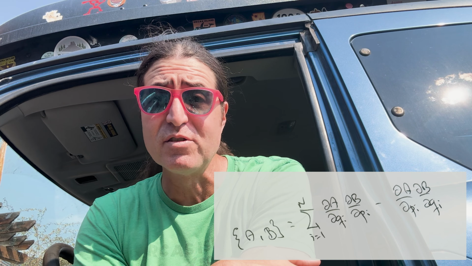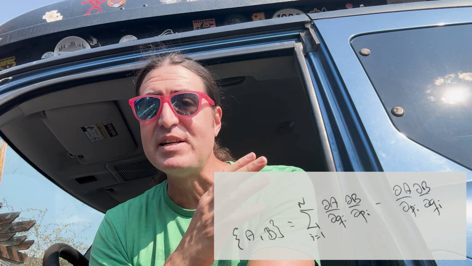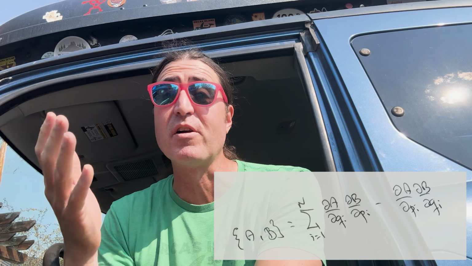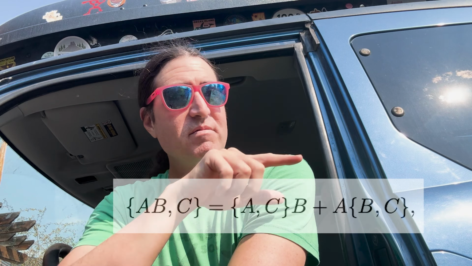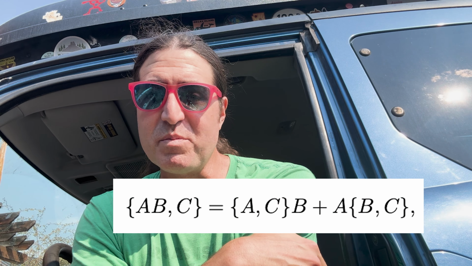Antisymmetry pretty much follows by inspecting what the bracket looks like, and bilinearity is just a natural property of the fact that we've got partial derivatives involved, because they are in fact linear operators. Similarly, the Leibniz condition is basically the product rule. It's a fancy word for the product rule, and because the Poisson bracket is made up of partial derivatives that satisfy the product rule, so too does the Poisson bracket.